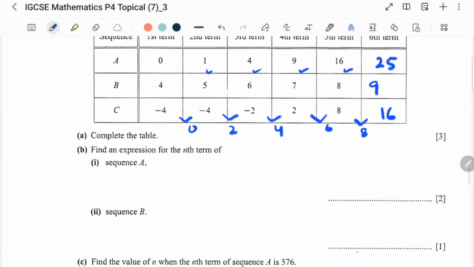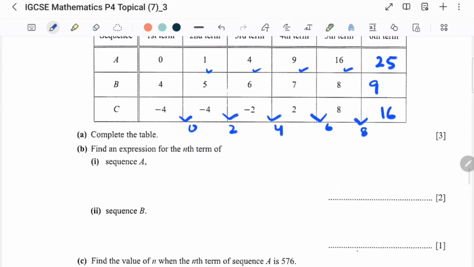A is a square number, so that is 0, 1, 4, 9, 16 and 25.